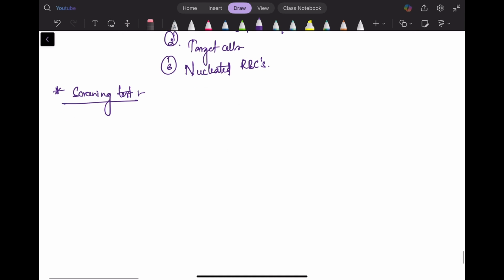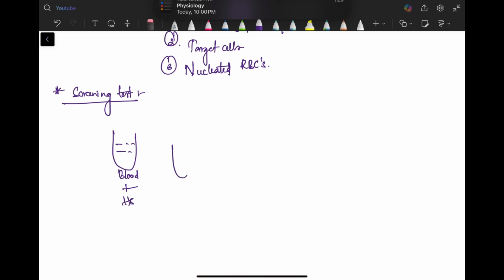Screening test. We take blood of a patient plus blood with hypotonic solution.